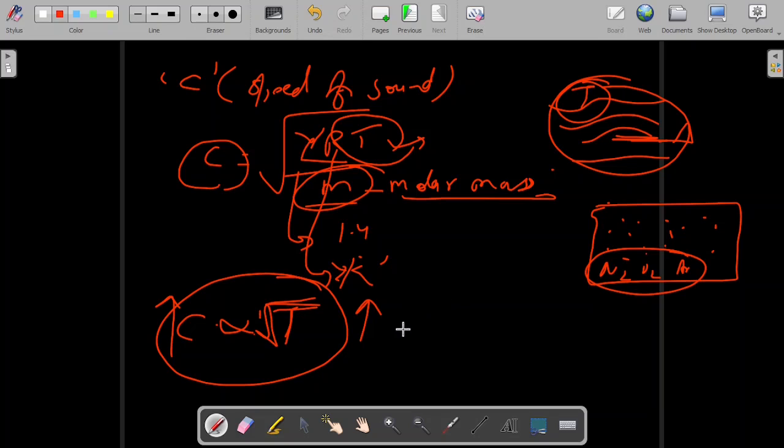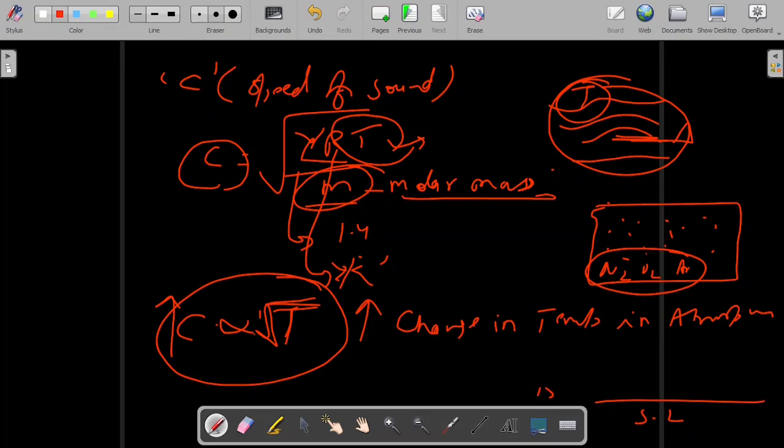In one of my videos, I have discussed the change in temperature in the atmosphere. So as we go up, this is sea level as per ISA condition.